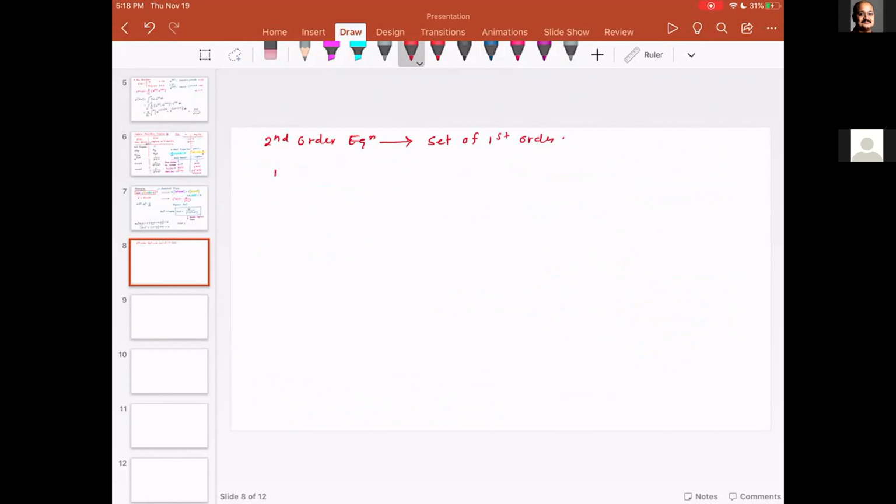So if you recollect, in the last class, we wrote x dot, d by dt of x dot equals minus k by m x minus c by m x dot, and please note this was all done in the last class. So we wrote the equation in this form. MATLAB requires the equation in this form to be solved numerically.